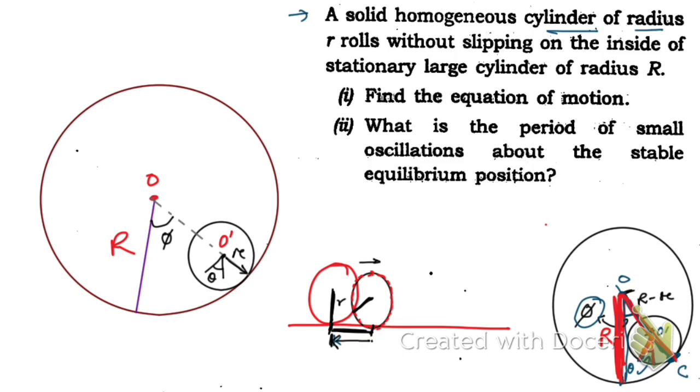When it is moved through this much distance, this radius now comes to this position, making angle theta with the vertical. Then the distance covered must be equal to the length of the arc, which is given by small r times theta when theta is in radians.